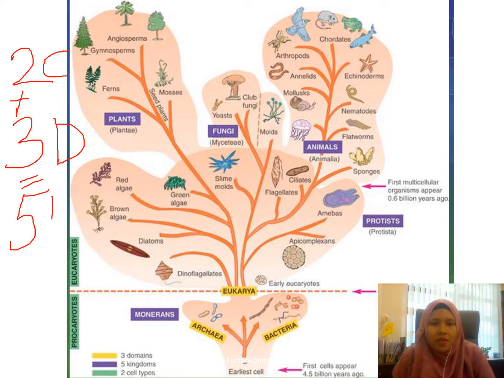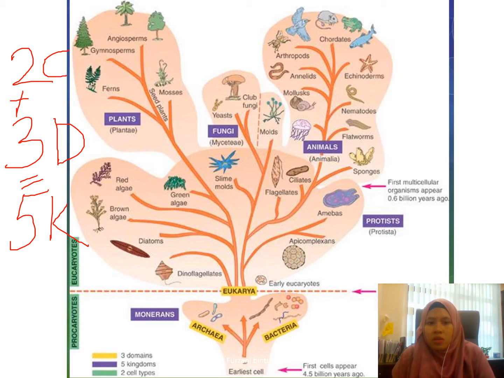And 5 is 5K. What does K mean? K is the kingdoms, this purple color: 1, 2, 3, 4, 5. From the 5 kingdoms, 4 of them are in the eukaryotic cells area.